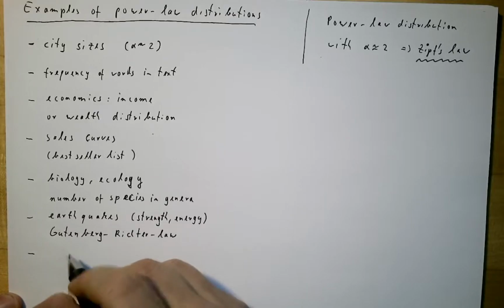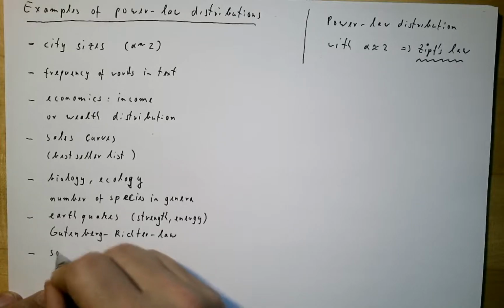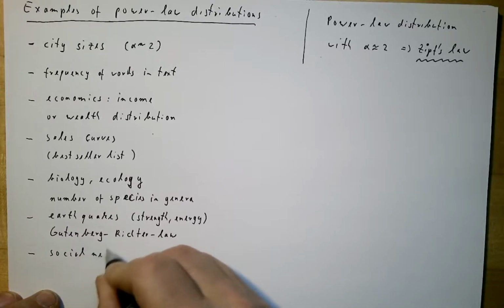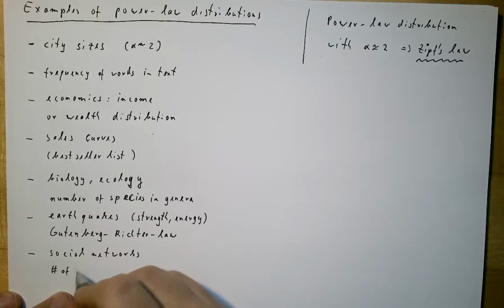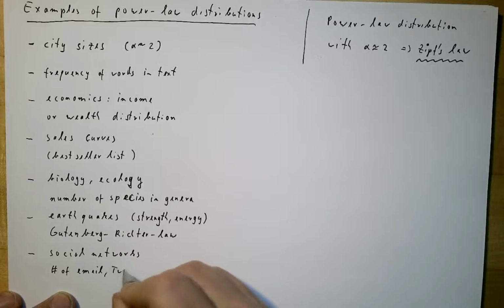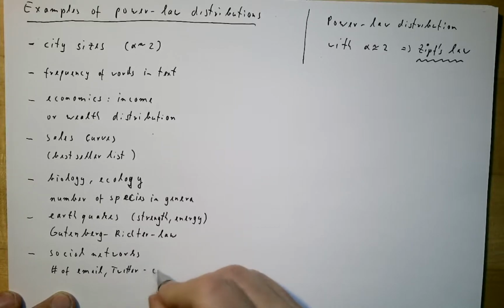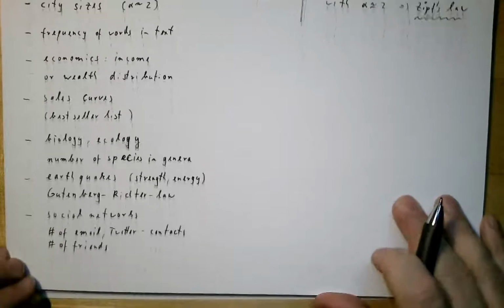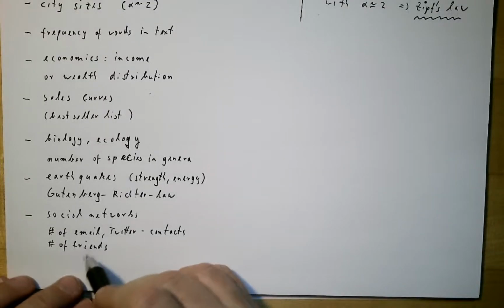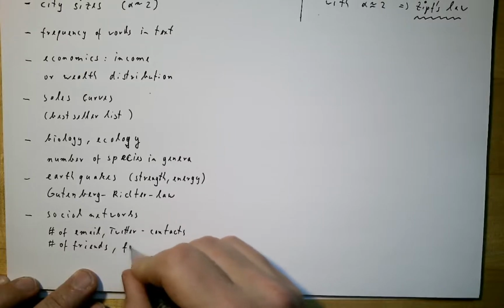You will also find power laws in social networks. If you look at the number of email contacts, or Twitter contacts, Facebook, or the number of friends, then you will find some people who are the influential people, who have a huge number of friends or followers, if you want.